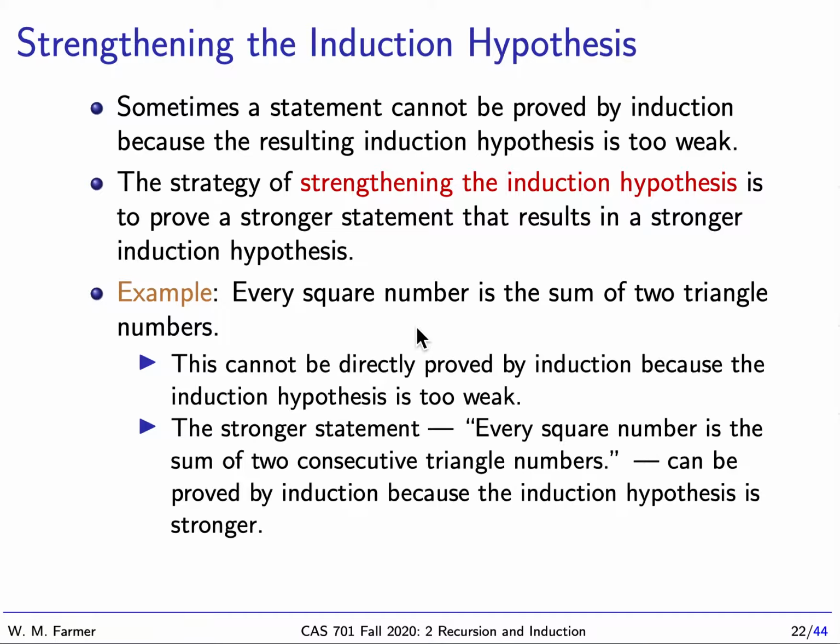So there's a strategy called strengthening the induction hypothesis. The idea is to prove a stronger statement, and by proving the stronger statement, we get a stronger induction hypothesis, which will enable our proof by induction to work. I'm going to briefly describe an example of this.